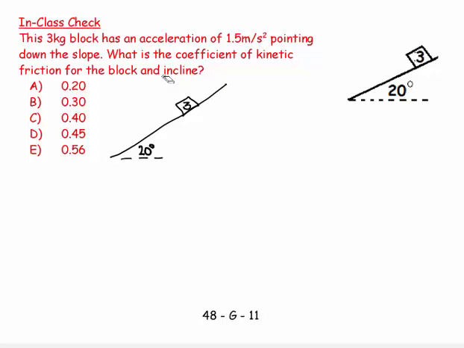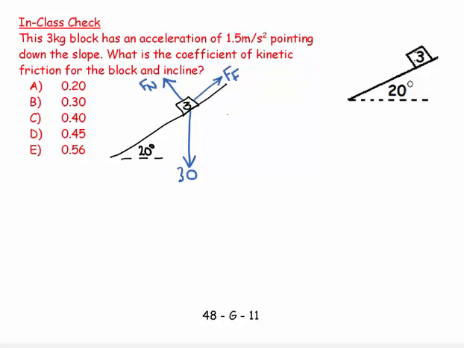So I have my 3 kilogram mass, and I have my 20 degree slope, and then I'm going to have my weight. So I'm going to complete my diagram. This is going to be Fn. Down a slope, coefficient of kinetic friction. Okay, so there is a force of friction backwards.